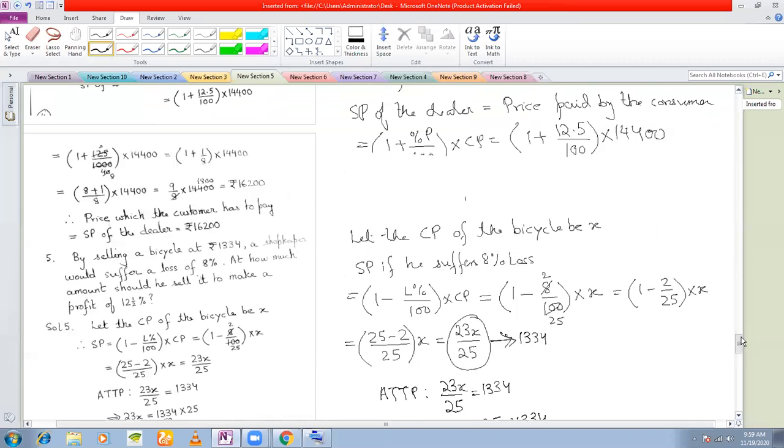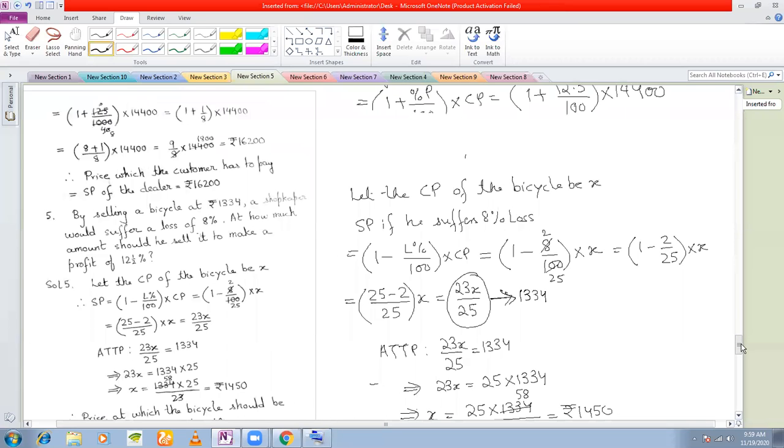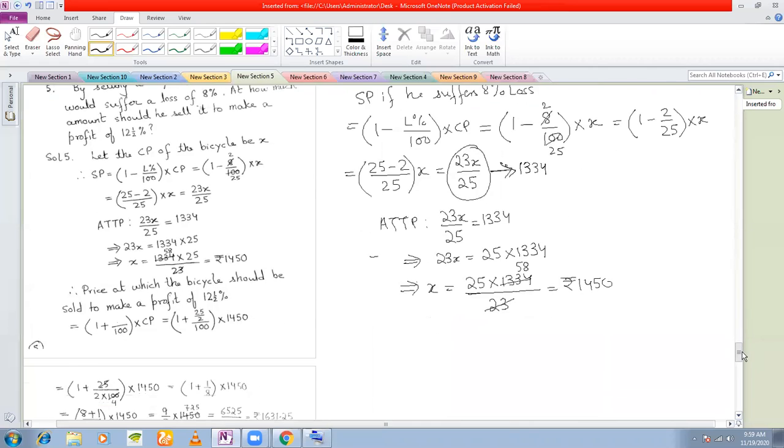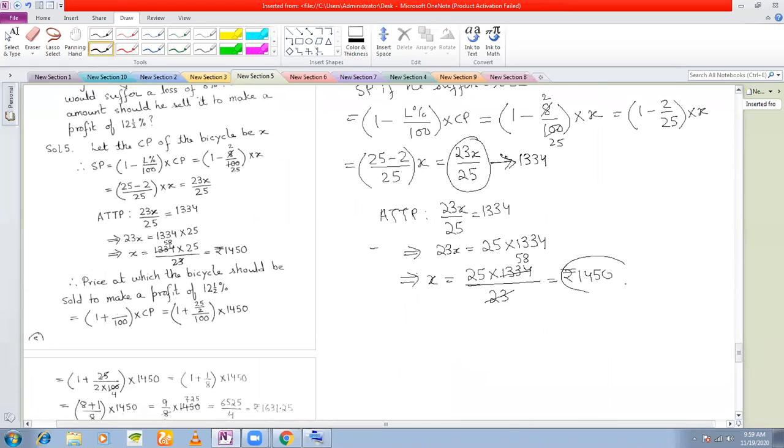Now, what is the next condition given here? At how much should he sell to make a profit of 12.5%? So if he is buying the bicycle at 1,450, how much should he sell it for in order to get a profit of 12.5%?